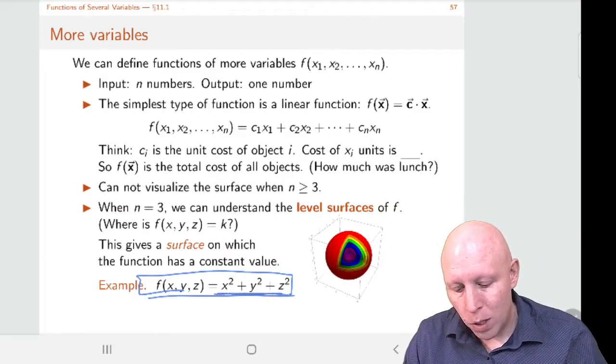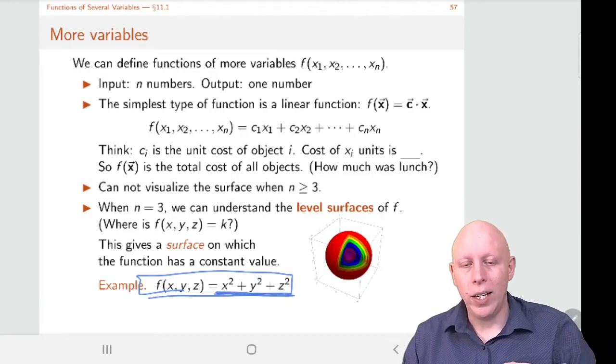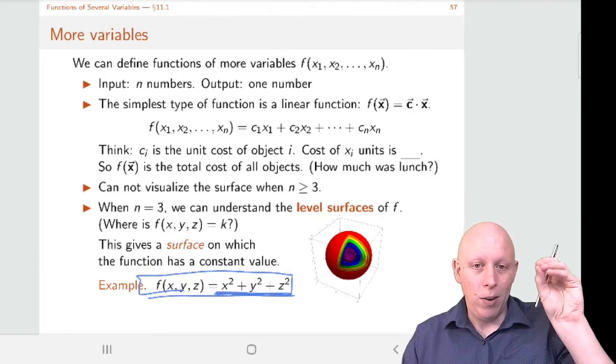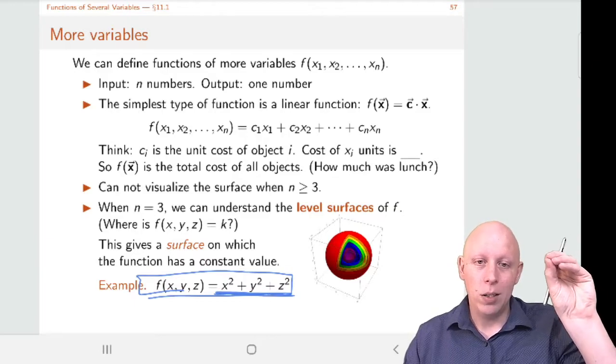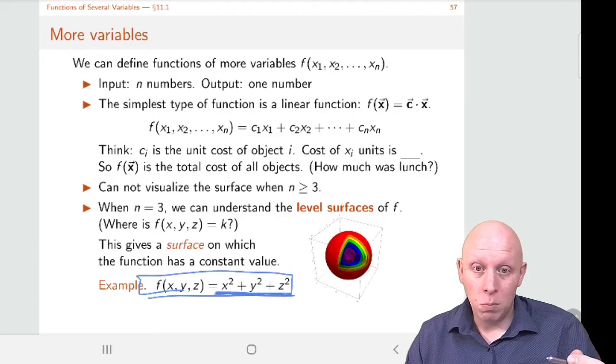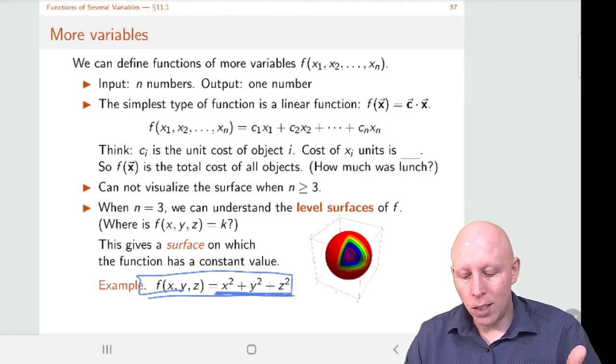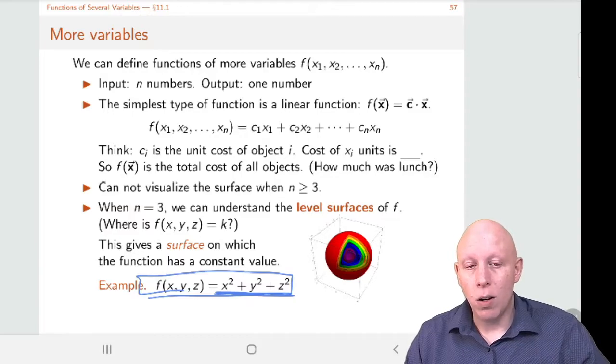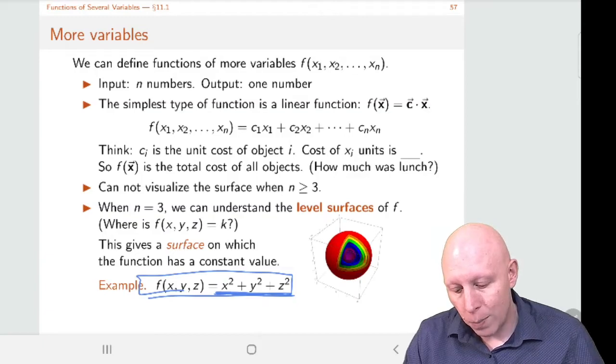And then this would be an example of that function. We take where I am now, look at the x-coordinate, the y-coordinate, and the z-coordinate there, square them all, and that gives you the square of the distance of where you are from the origin.